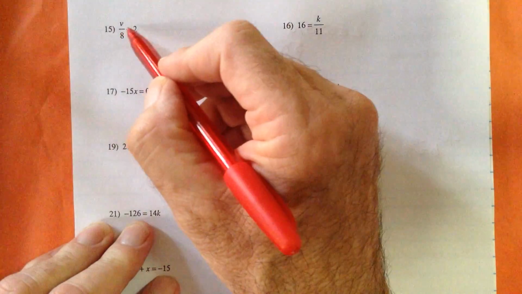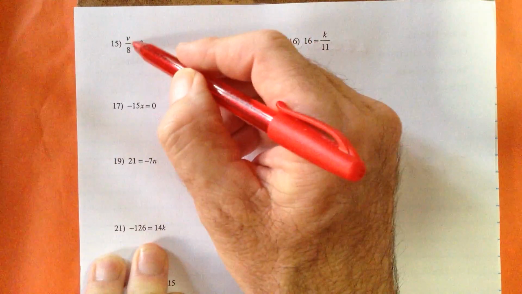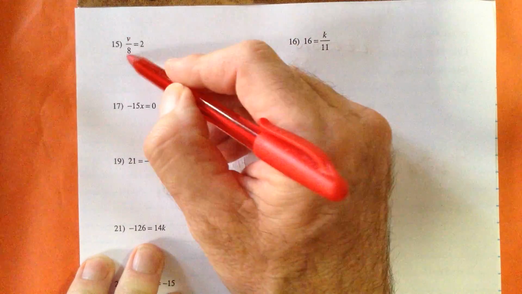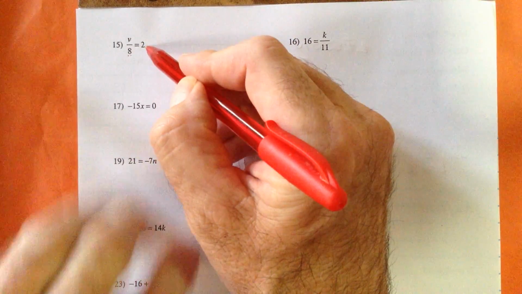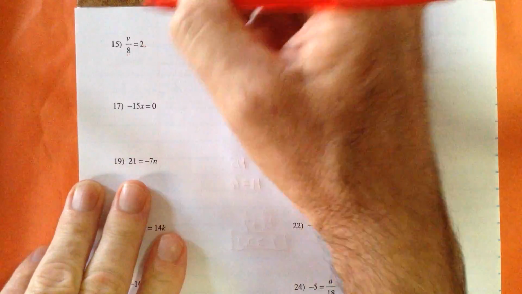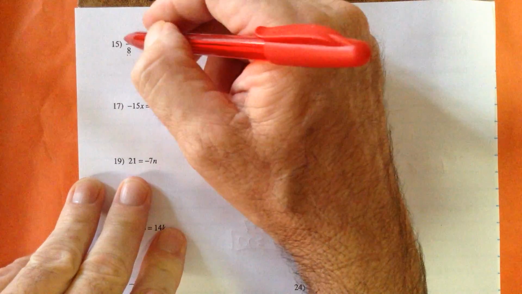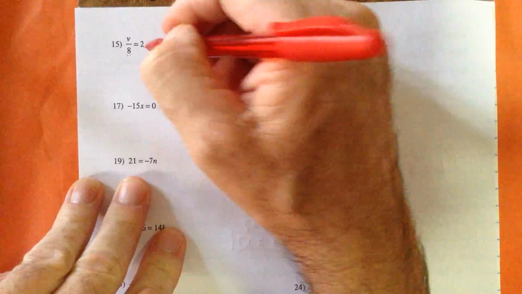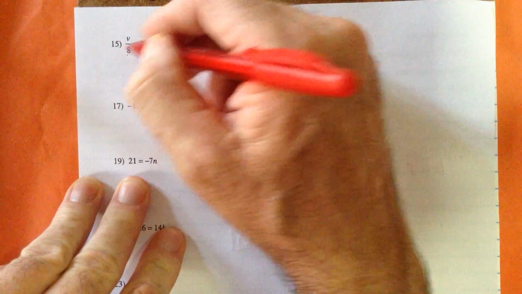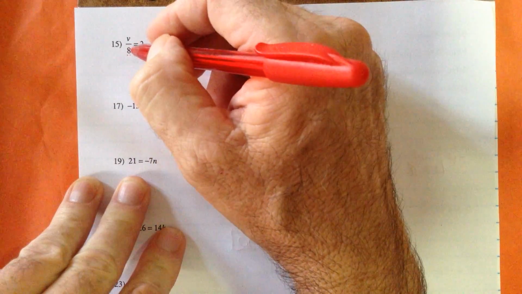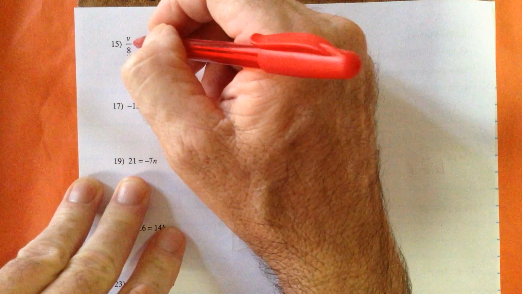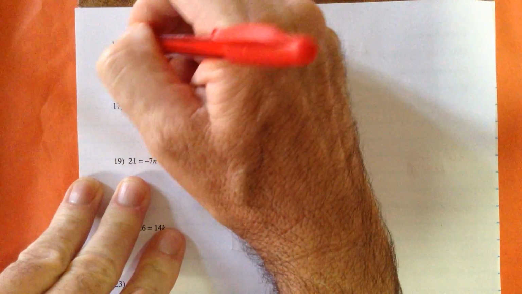Let's try this one. V is on the paper. V divided by 8, some number divided by 8, has to equal 2. Some people will go, well, it's going to be 16, because 16 divided by 8 will equal 2. But if it's more complex, how can I isolate this V? Get rid of this 8. Well, here the opposite of dividing is multiplying.